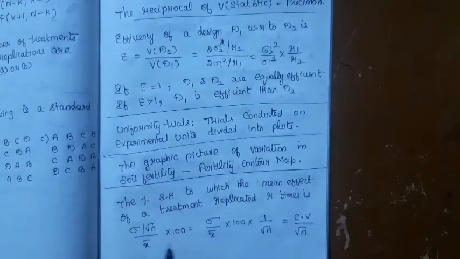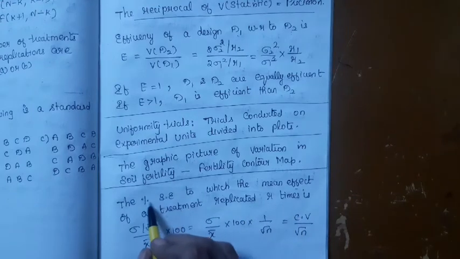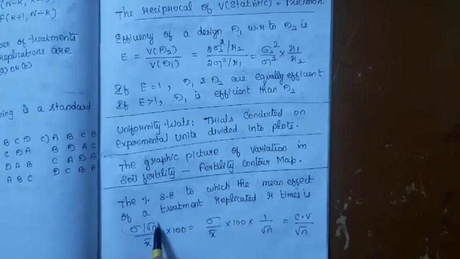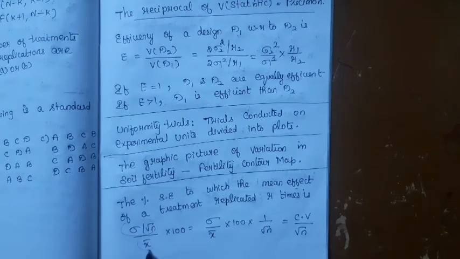Okay. What is the percentage standard error of the mean effect of a treatment which is replicated R times? See, this is the standard error divided by the statistic into 100. X bar is the statistic whose standard error is sigma by square root of n.